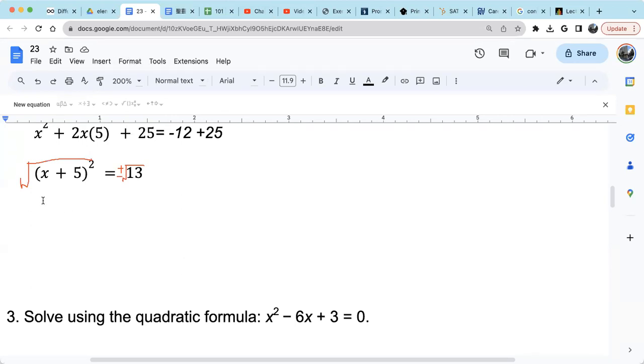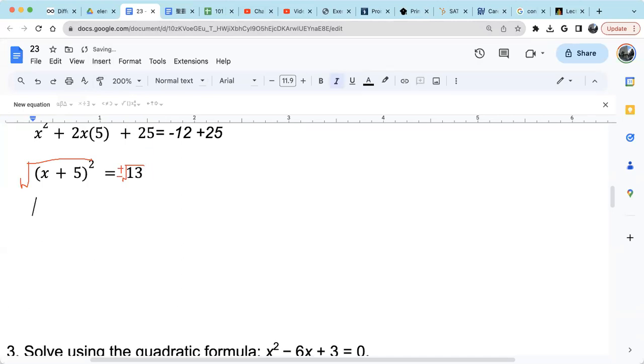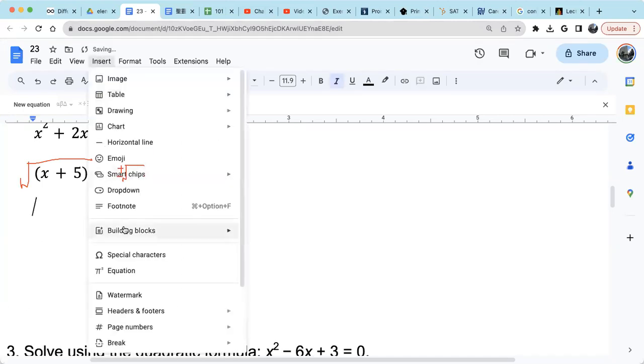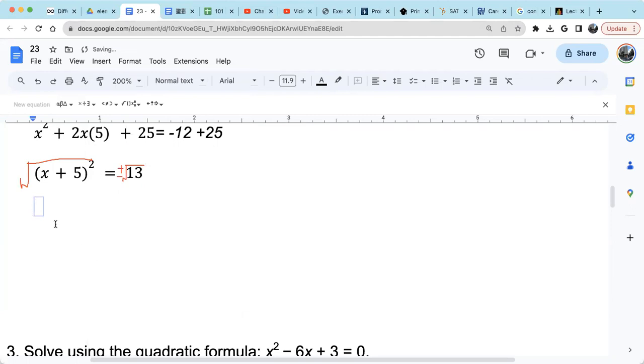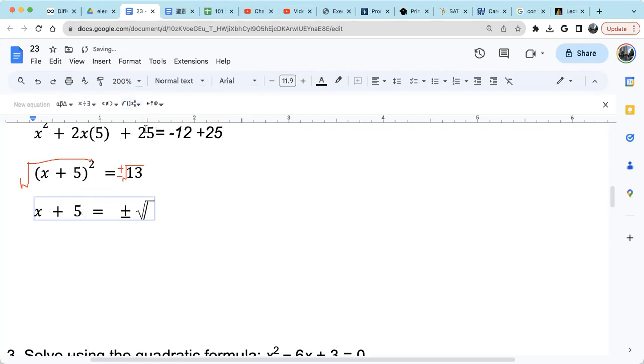So now x plus 5, the square root and the square cancel each other. I get plus or minus the square root of 13.